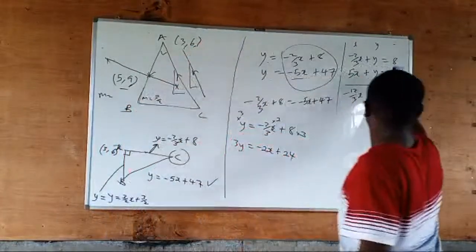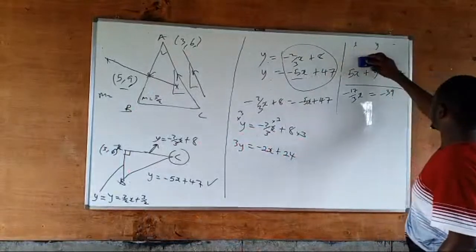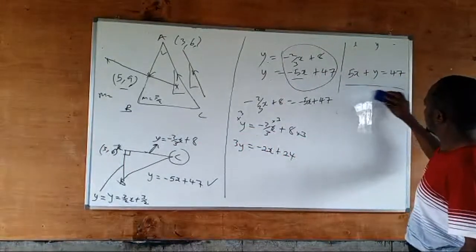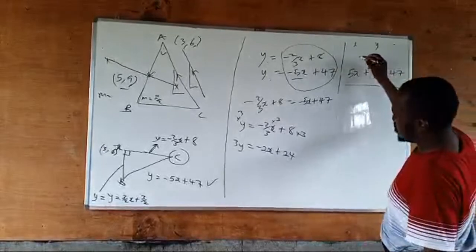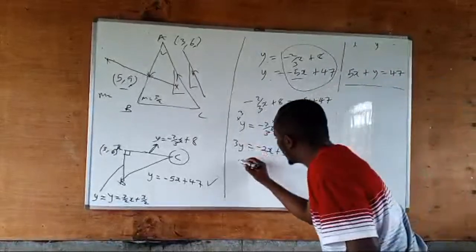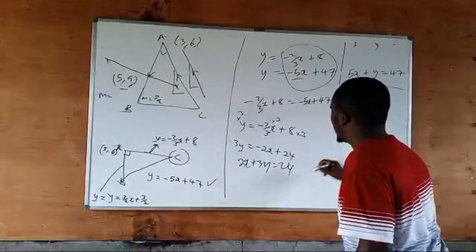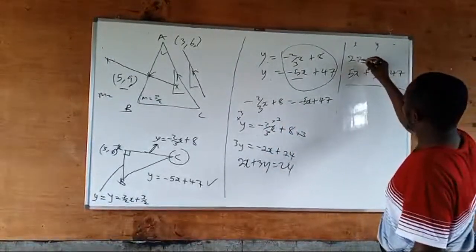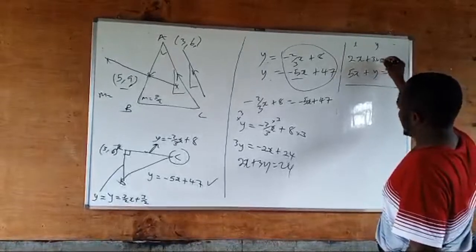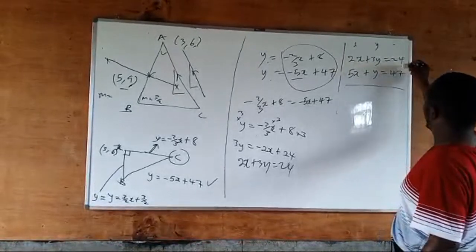So here, write it, leave the fraction, then 2x plus 3y equals to 24. 2x plus 3y equals to 24.